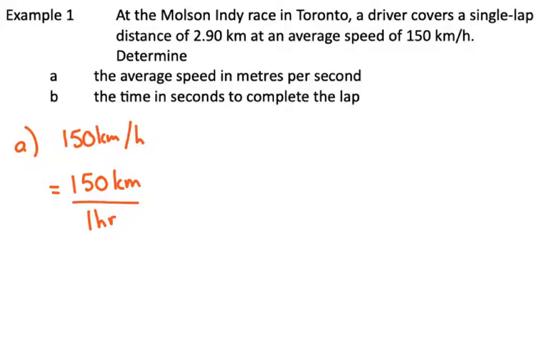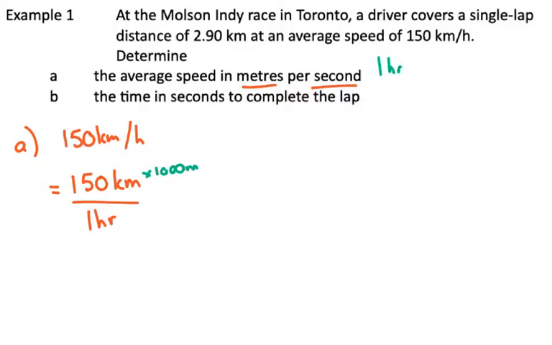Now, I want the speed in meters per second. So we not only have to determine how many meters are in 1 kilometer, but how many seconds are in 1 hour. Well, we should remember that there are 1,000 meters in a kilometer. But it may not be so obvious how many seconds are in 1 hour.